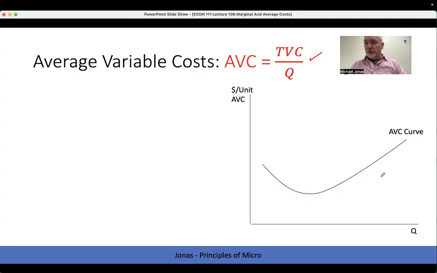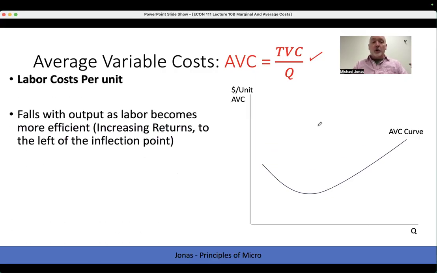So, spoiler alert on the slide, right? The resulting function is going to have this U shape to it. So, initially declining and then coming back up. And you can probably guess why that is, right? Our labor cost per unit are initially going to start to fall when we have increasing returns before we hit that inflection point.